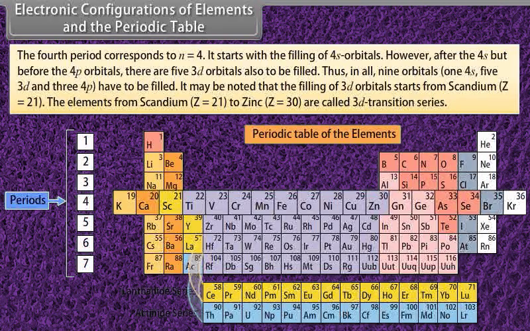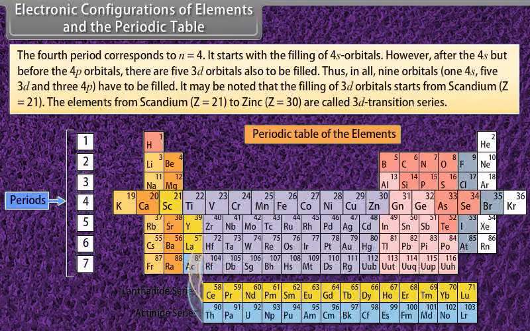Thus, in all, 9 orbitals, one 4s, five 3d and three 4p have to be filled. It may be noted that the filling of 3d orbitals starts from scandium, atomic number = 21.